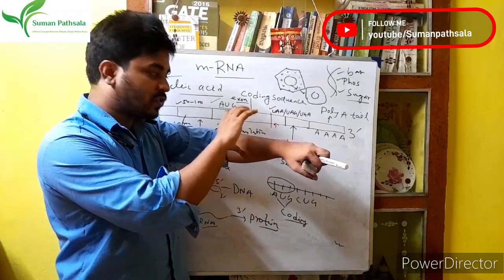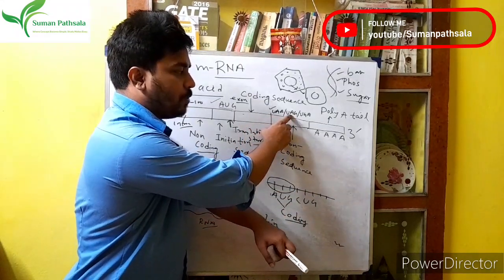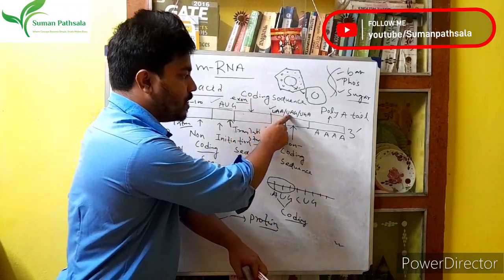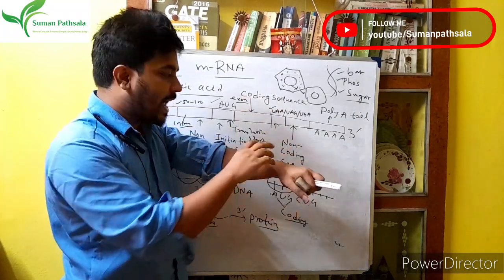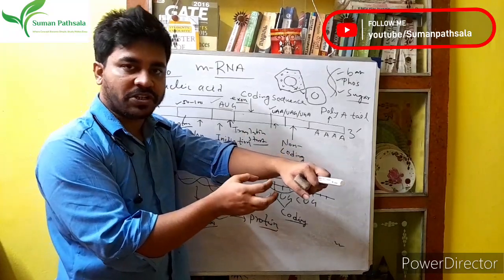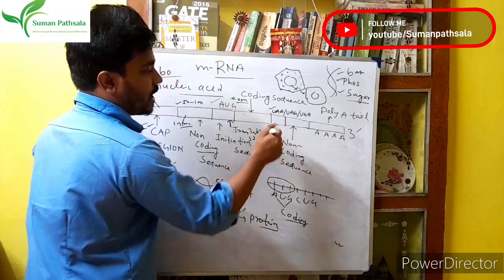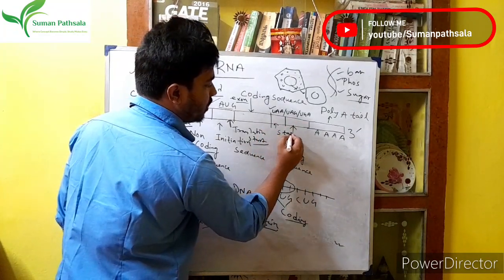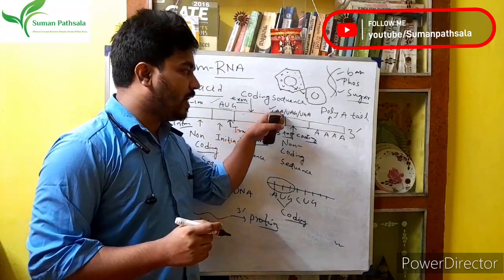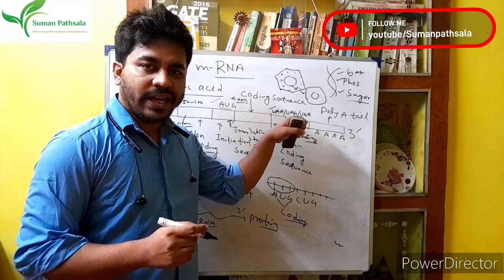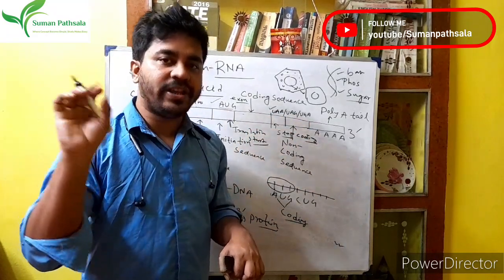Protein formation stops when another non-coding sequence is present, called UAA, UAG or UGA. Then the ribosome is removed and protein formation is finished. So that's why this codon is called the stop codon region. It may be UAA, UAG or UGA, and it is specific in every mRNA.